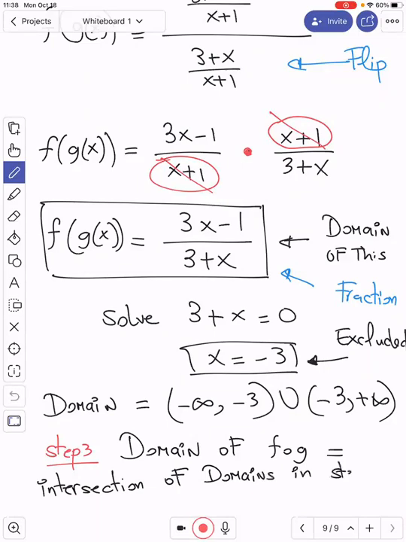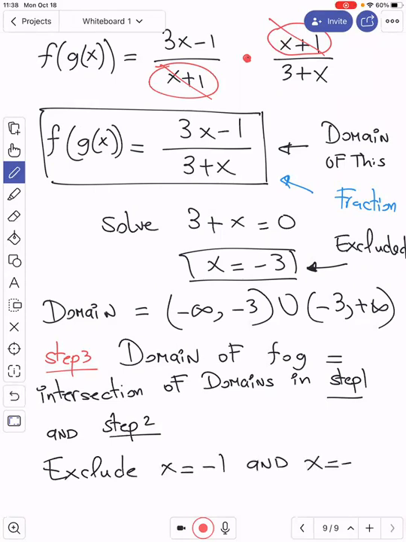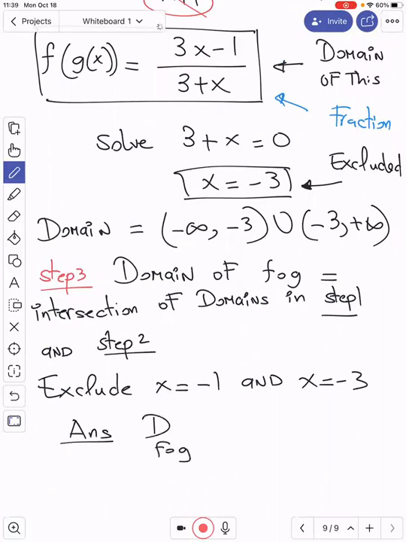Step 1 and step 2. Which means we have to exclude -1 and we exclude -3. So the final answer: domain of f composed with g will be negative infinity to -3, because we have to exclude -3, union -3 to -1, because -1 is excluded, union -1 to positive infinity.